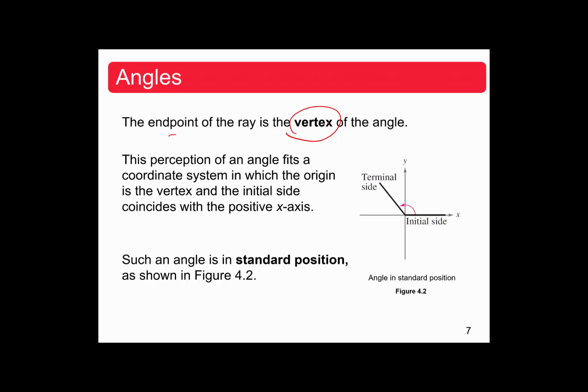If you put it into a Cartesian system, the initial side always stays on the positive side of the x-axis, and the terminal side could be in any one of the quadrants. The x-axis and y-axis split the plane into quadrant 1, quadrant 2, quadrant 3, and quadrant 4. Such an angle is in standard position. We call this the standard position of the angle.